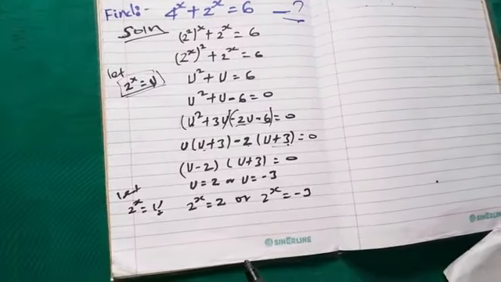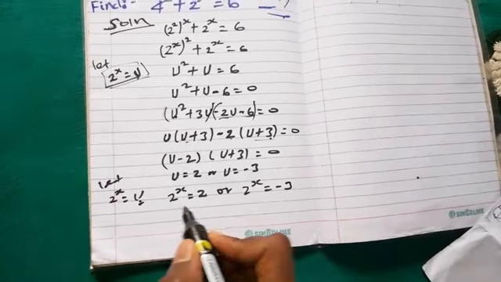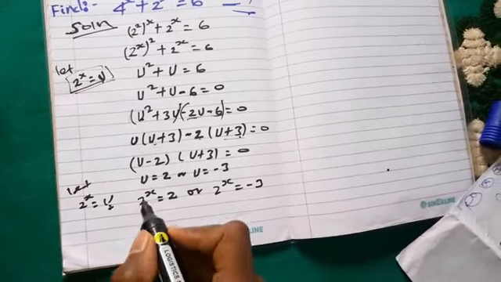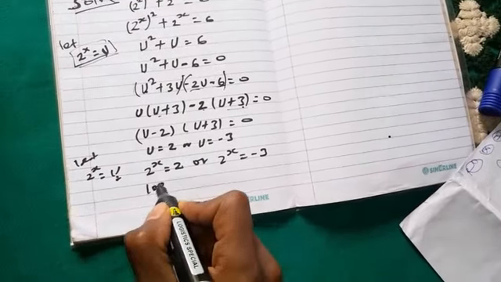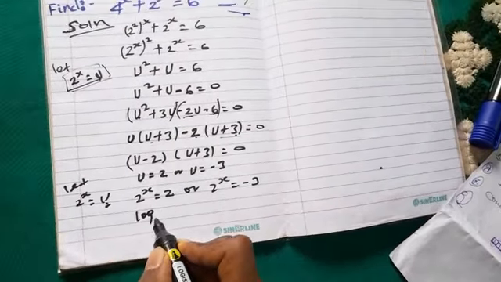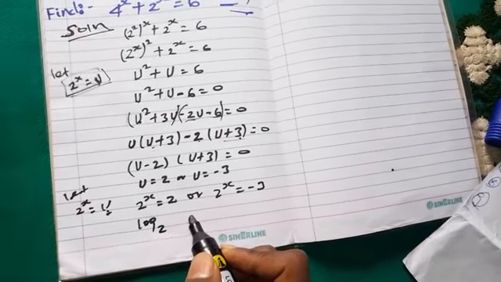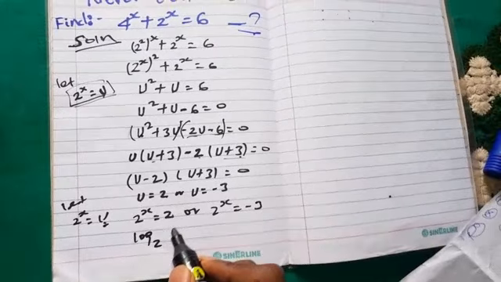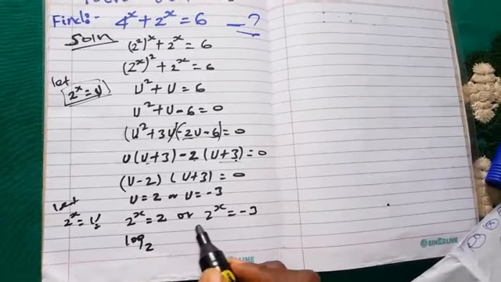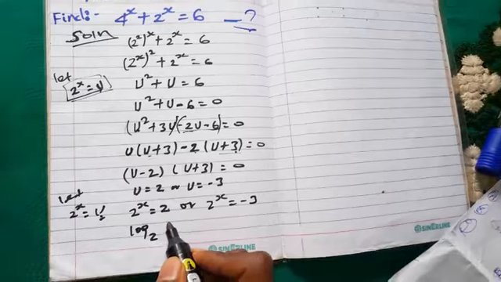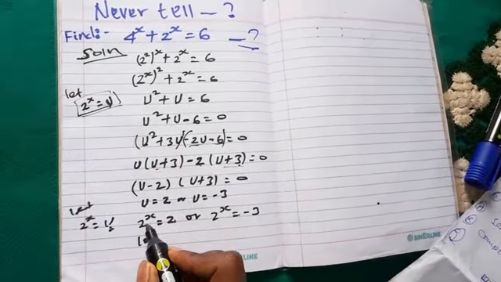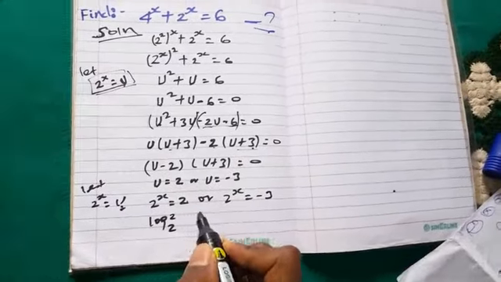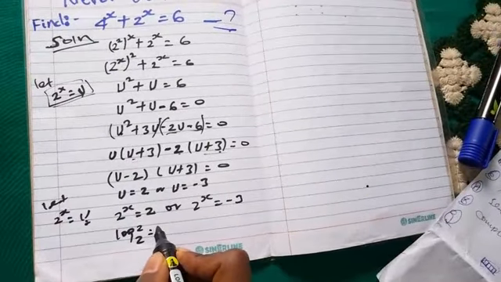Then this one we can rearrange to logarithm form: log base 2 of 2 is equal to x.